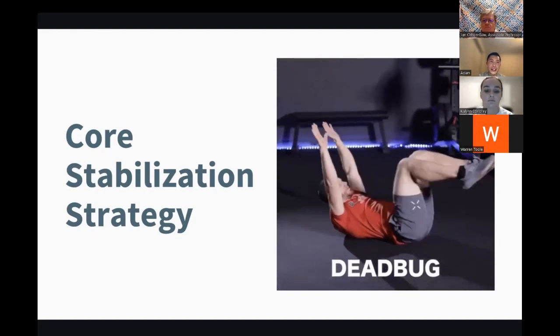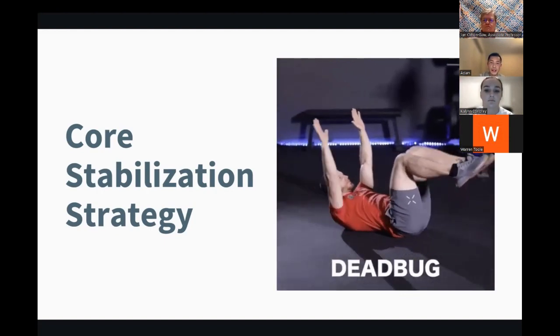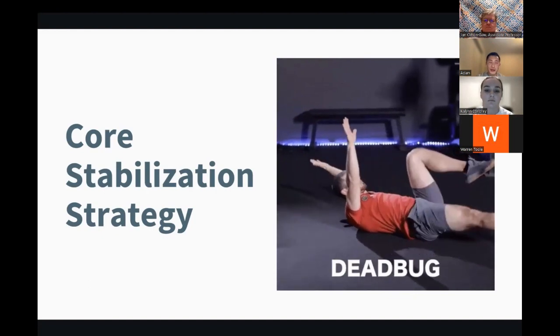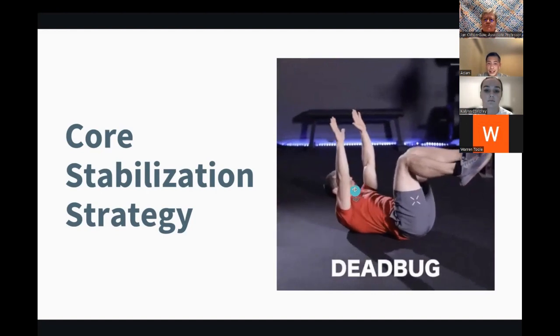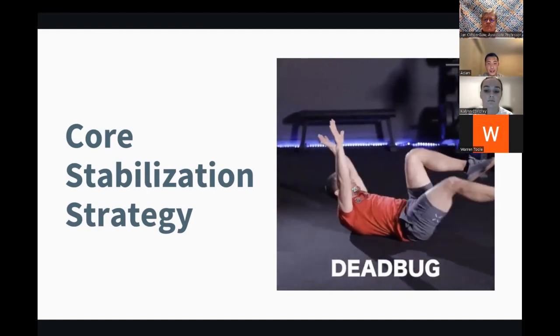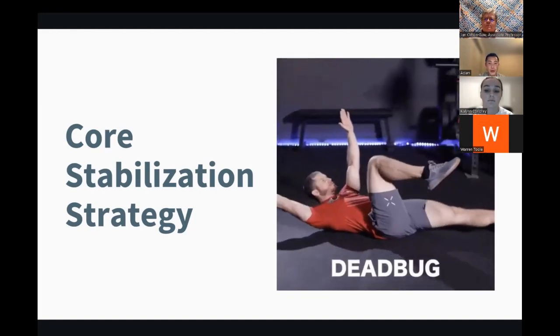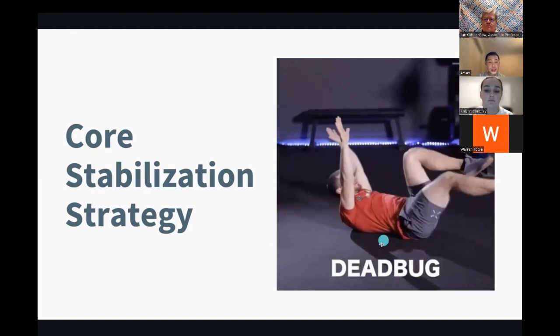That's why they're unable to make contact with the floor with their lower back. And you can also see this guy lifting his head from the floor, which adds tension to his posterior chain.